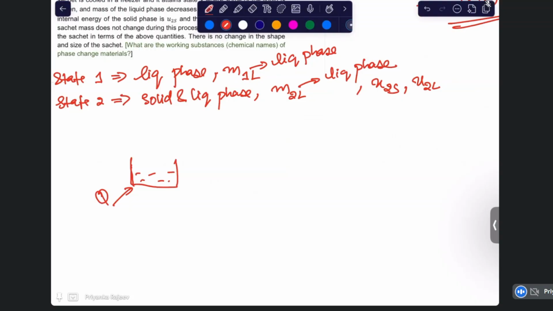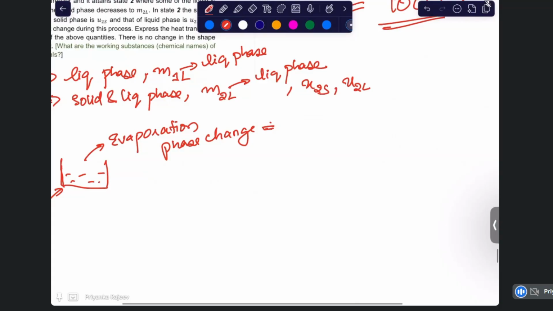So evaporation will happen, and all of this heat that is supplied to the water is not used for change in temperature, that is change in internal energy. It is going for evaporation, which is phase change.